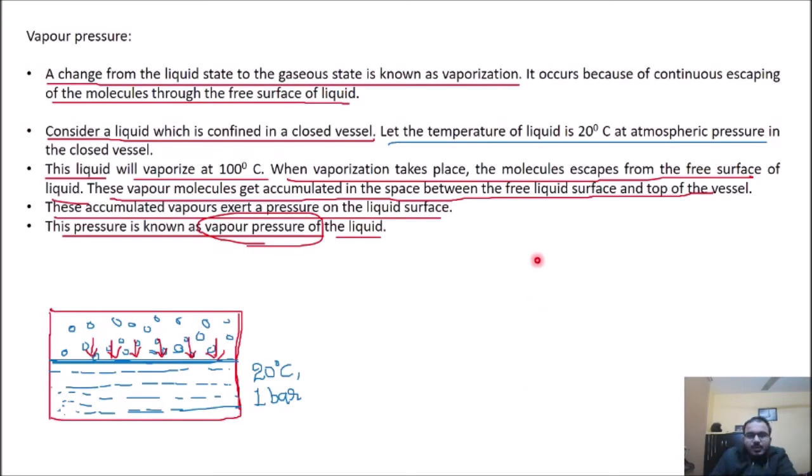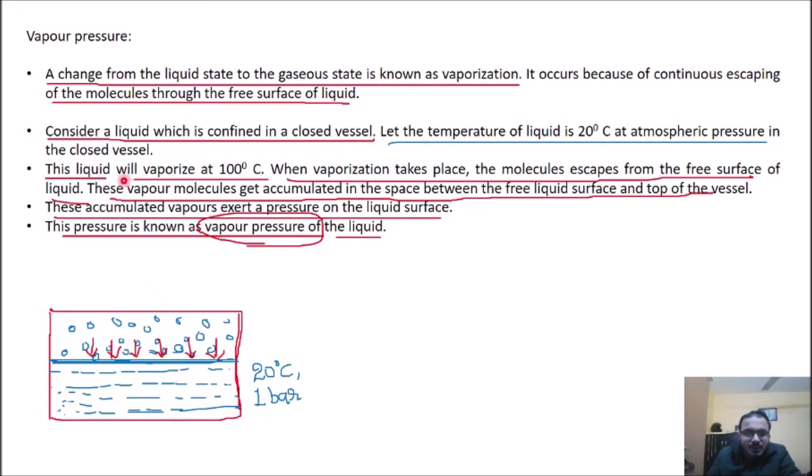Then we studied vapor pressure. A change of state from liquid to gas is known as vaporization. We took one example of a closed vessel in which water is kept at 20 degrees Celsius and 1 atmospheric pressure.